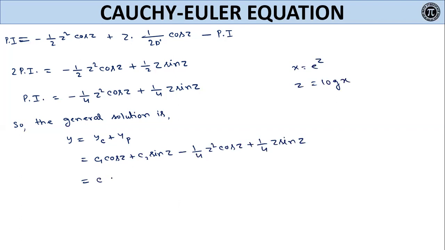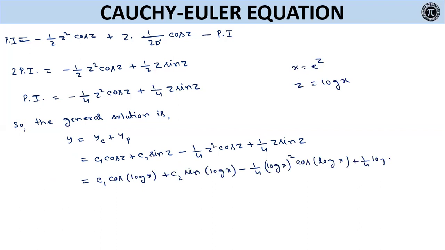So you are getting c1 cos of log x plus c2 sine of log x. Okay, minus 1 by 4 log of x whole square cos of log x. Okay, plus 1 by 4 log of x into sine log of x. This is the final answer.